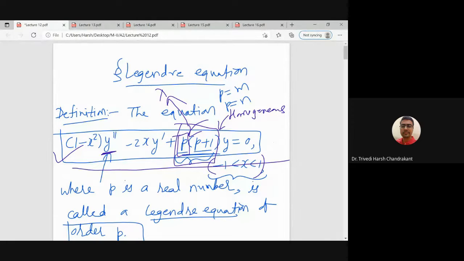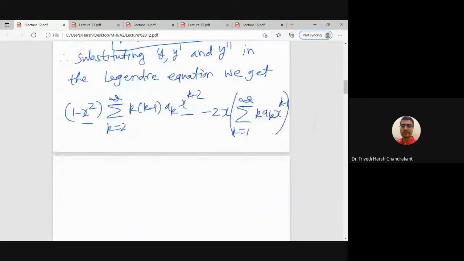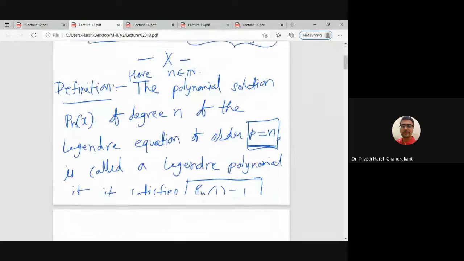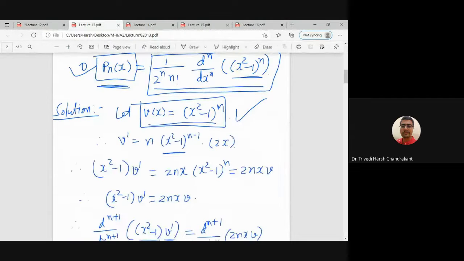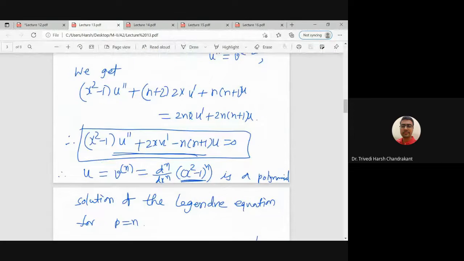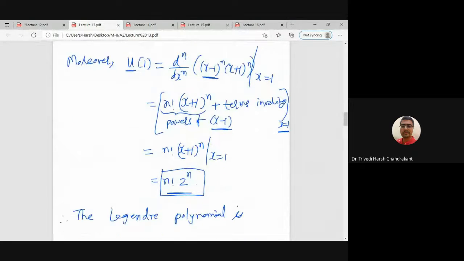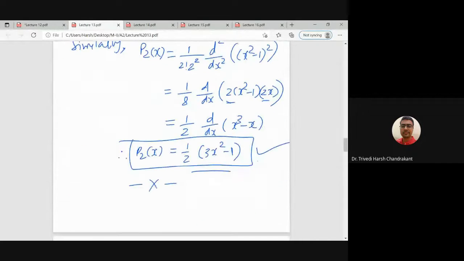So we have observed that whenever we solve the Legendre equation, we get the corresponding solutions for the different values of n, and these are polynomials, and these polynomials are orthogonal.